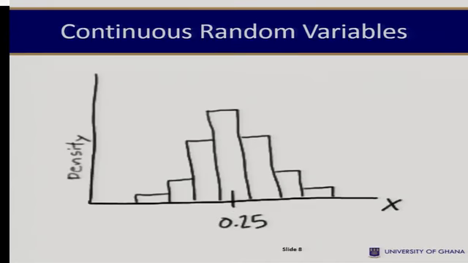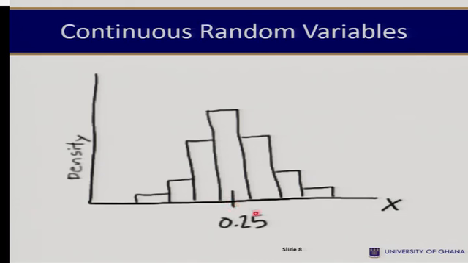Now you can see we have data on the weights of hamburgers, and then we constructed a frequency distribution which we have put in the form of a histogram. You see we've marked 0.25 here, which means 0.25 kilograms, meaning that we expect the average weight to be 0.25 kilograms.